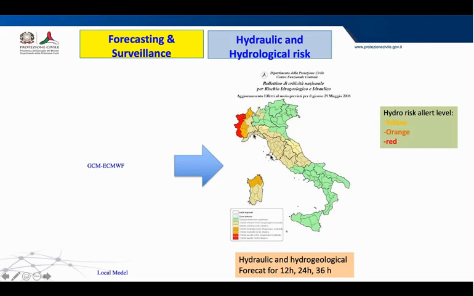We have divided the territory into different alert zones, and inside each of these zones we indicate the risk alert level. We use levels: yellow for the lowest, orange for the medium, and red for the maximum.